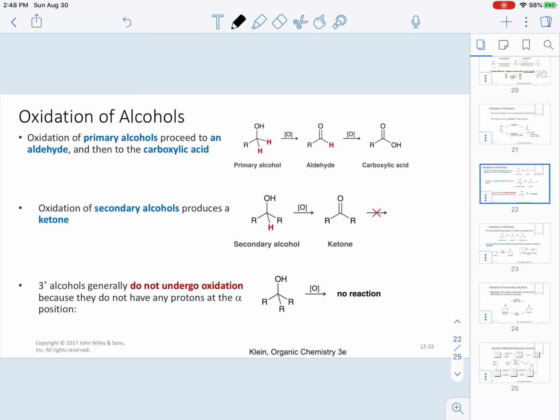As you can see, PCC stands for pyridinium chlorochromate. Now, when it comes to these oxidation reagents, understand that H2CrO4 is a strong oxidant, while PCC is what we call the mild oxidant.